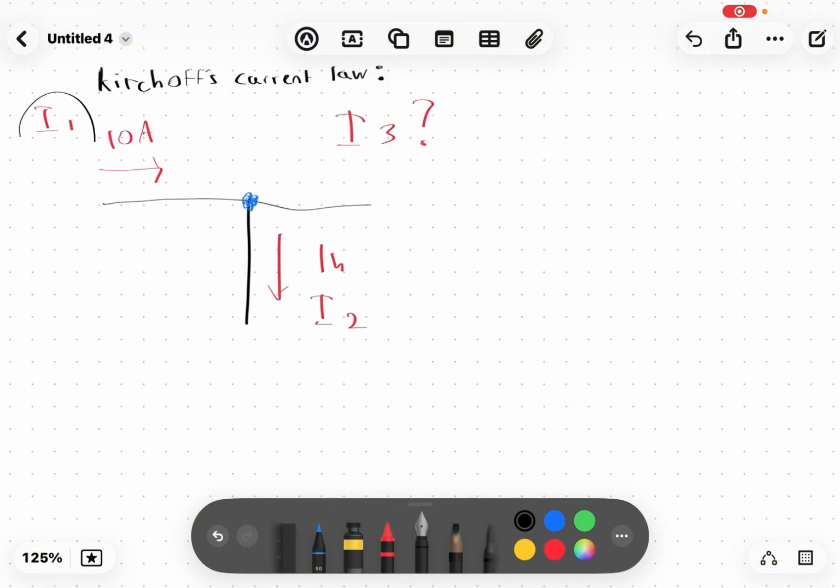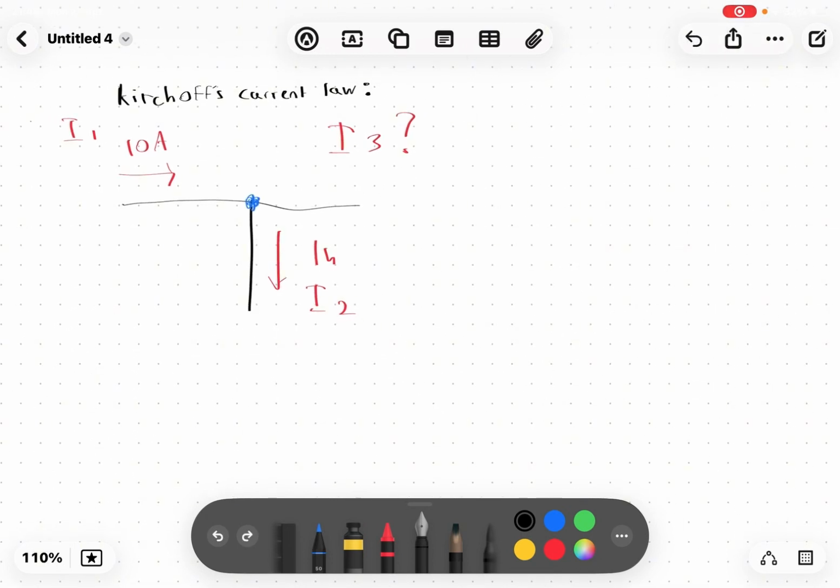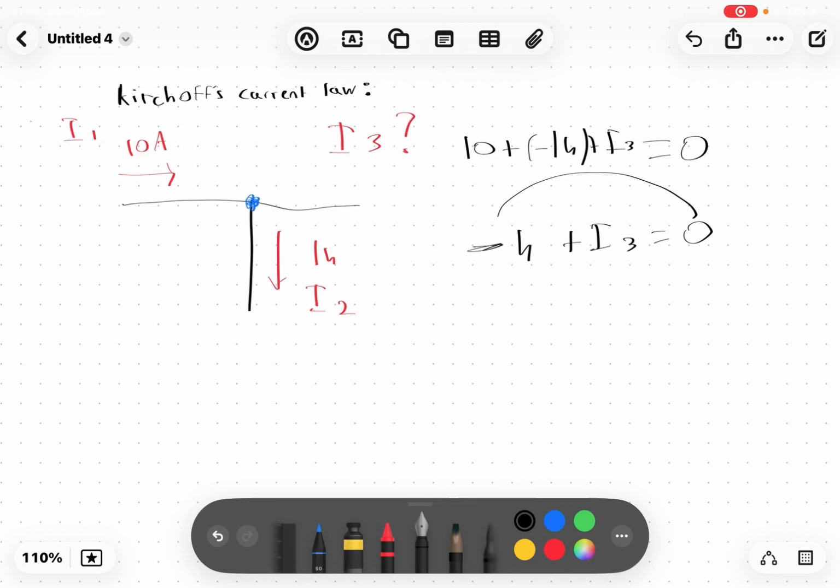So I1, I2, and we need to find I3. Again, they have to equal 0. So 10 plus negative 14 plus I3. These two give us negative 4 plus I3 equals 0, so I3 equals 4, which means it goes like this.